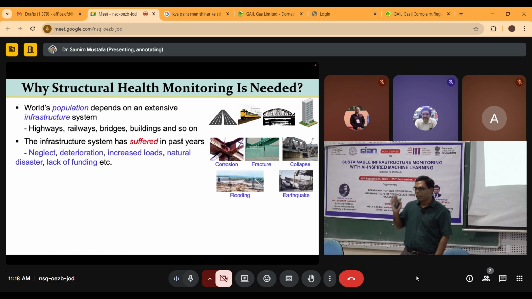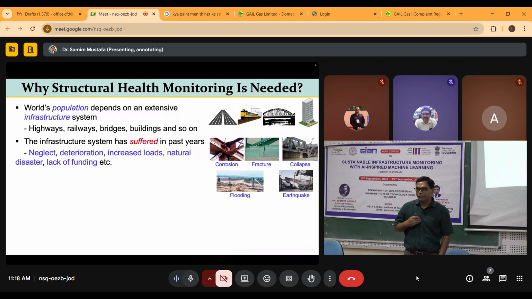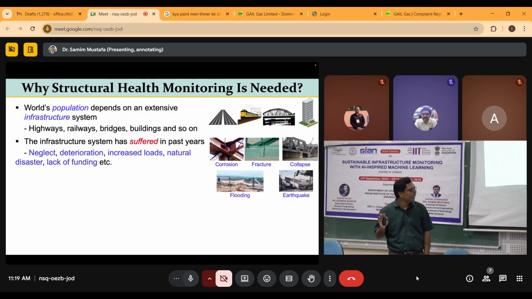As compared to other developed nations, where periodic maintenance is rigorously done and they also have inbuilt sensors installed in all the new infrastructure, that is missing in India.